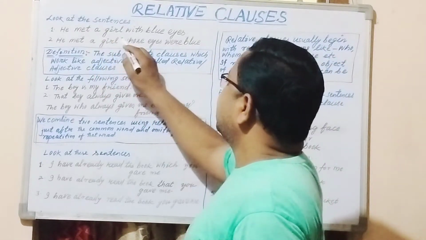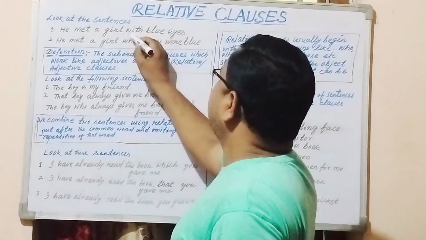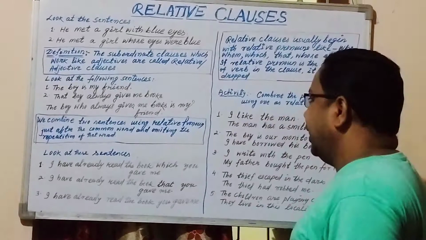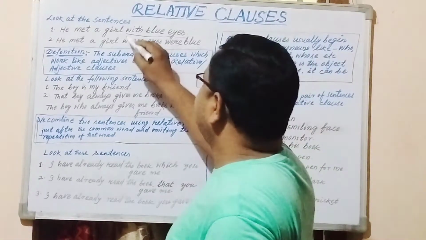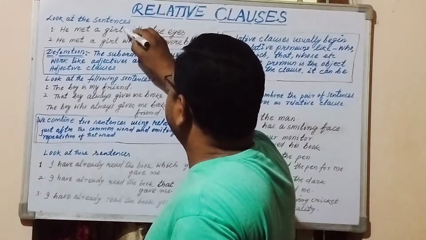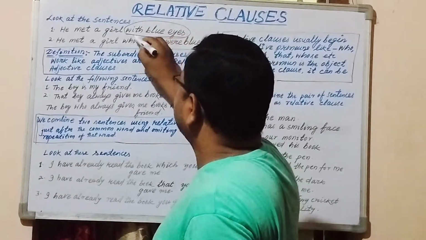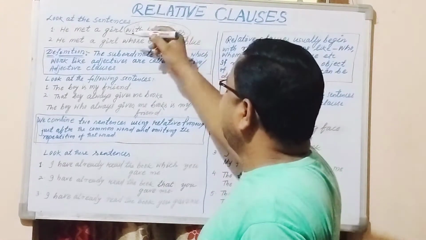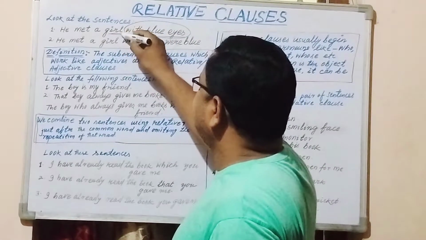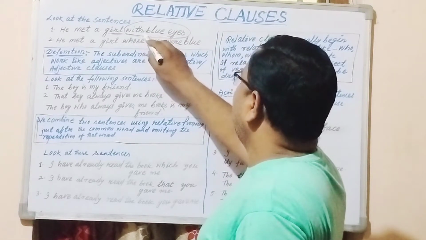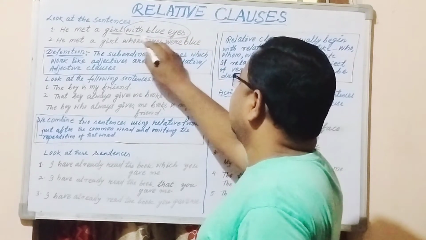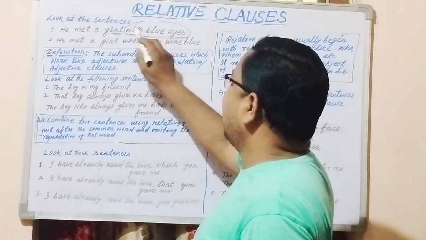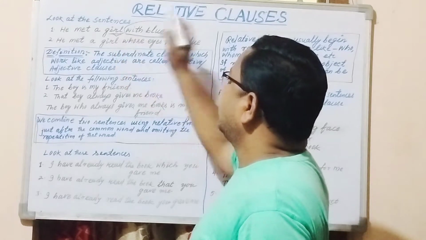Here, with blue eyes describes the quality of the girl. So with blue eyes is a phrase, and this phrase functions as an adjective of girl.